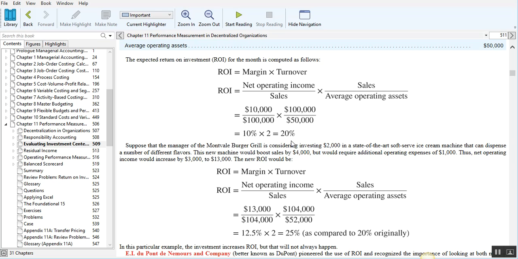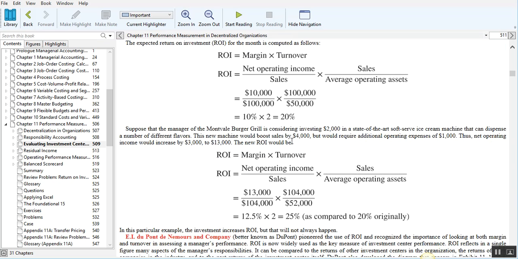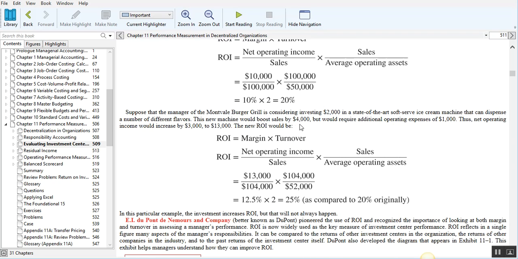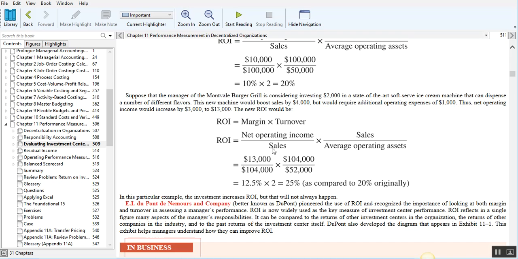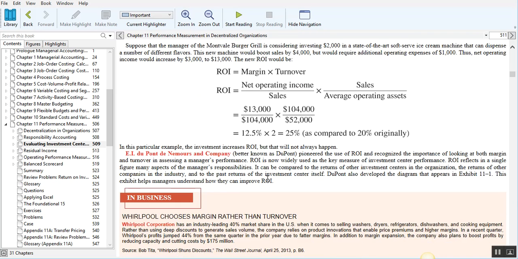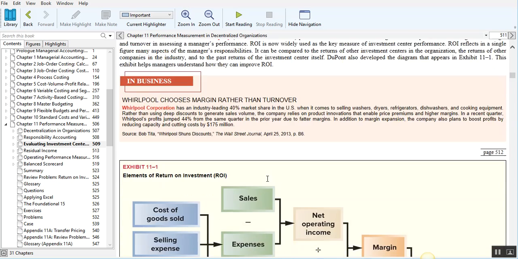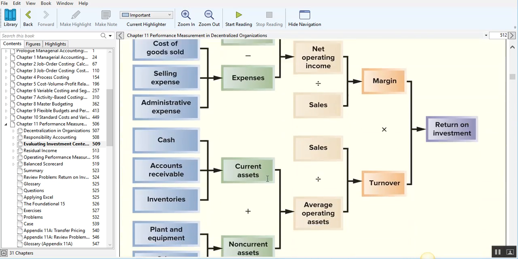Multiplying those together gives you an ROI of 20%, which is a pretty good return on investment. Then they show a different calculation based on a different scenario. All right, so that is return on investment.